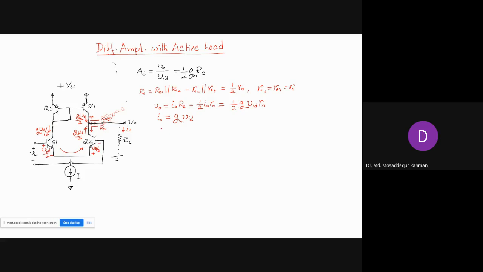So now the gain of this differential amplifier, V naught by vid, will be half gm R naught. Also, we can write that as gm is IC by VT, and VA divided by 2 VT.